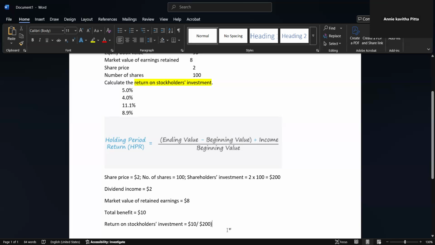When we convert that into a percentage, we multiply the fraction by 100, and that comes out to be 5%. So in this case, option A is the right answer. We see option A is the right answer. 5% is the answer. Hope this explanation is clear.